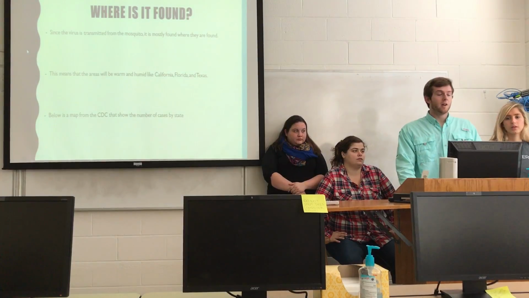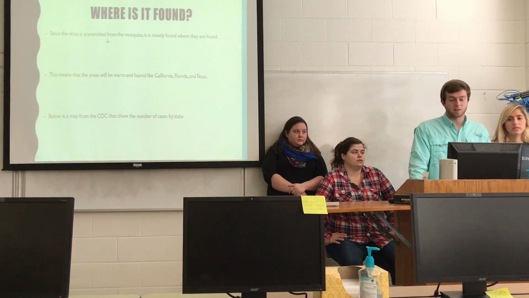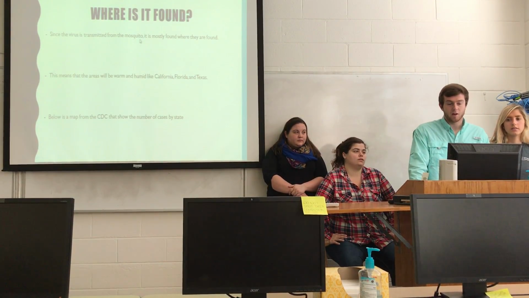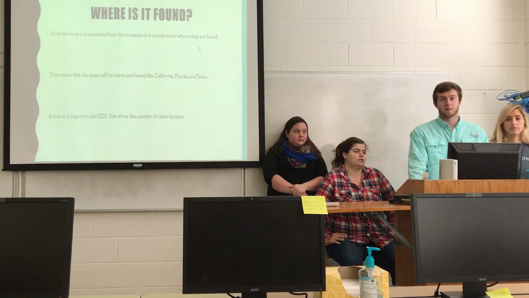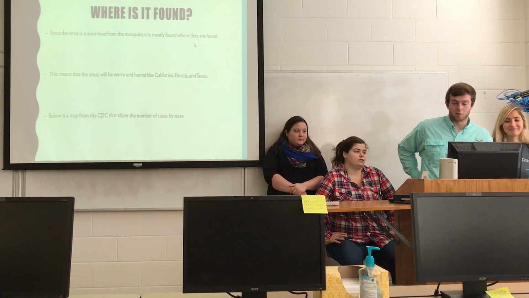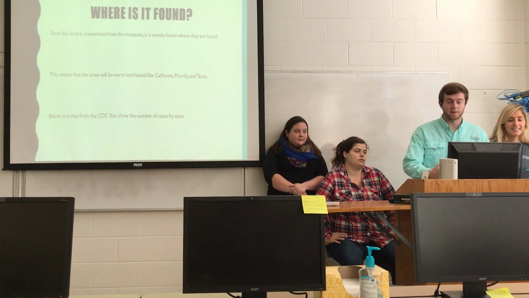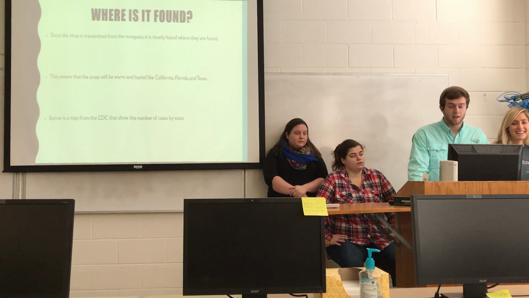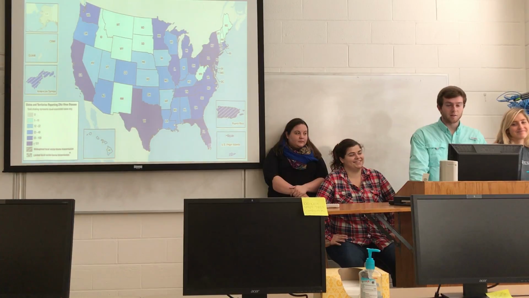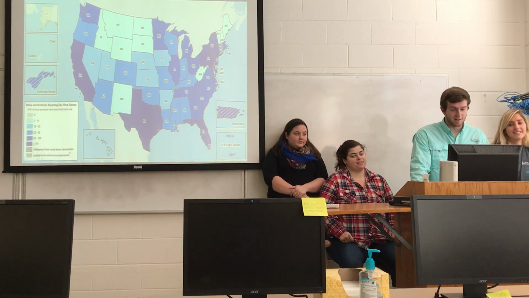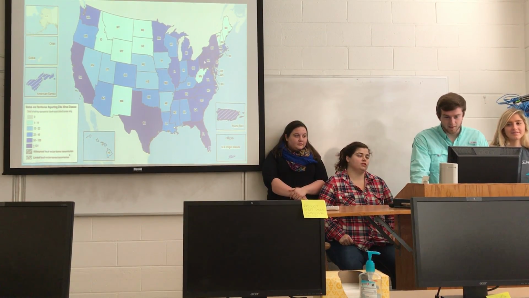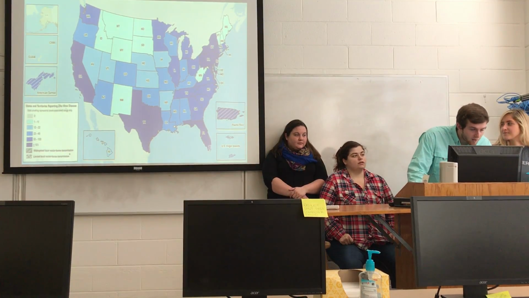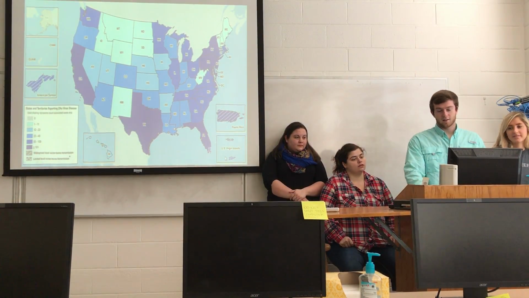So where's it found? Since the virus is transmitted through the mosquito, it's mostly found where mosquitoes are. So you're going to think of warm, humid climates like California, Florida, and Texas. And here's a map I thought was really good. It's from the CDC, and it represents how many people contract the virus.